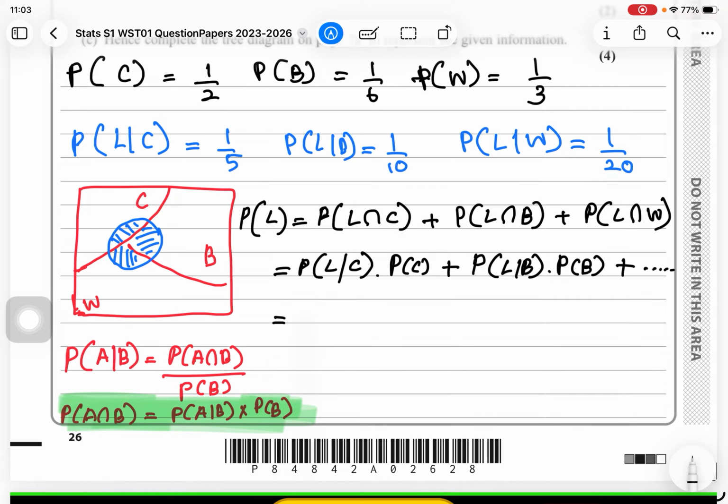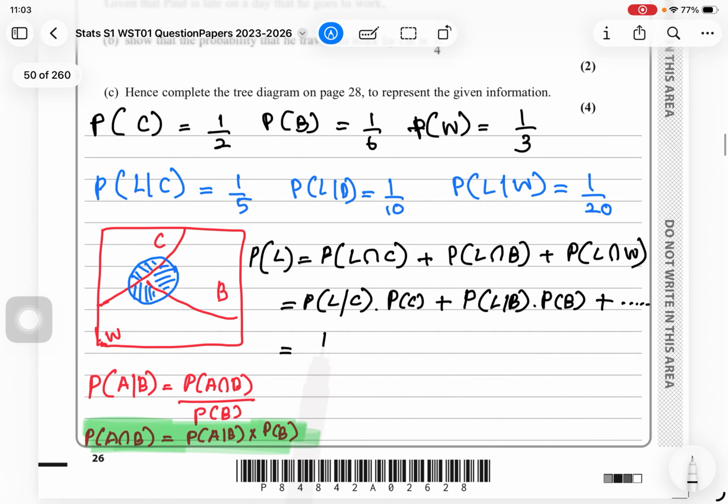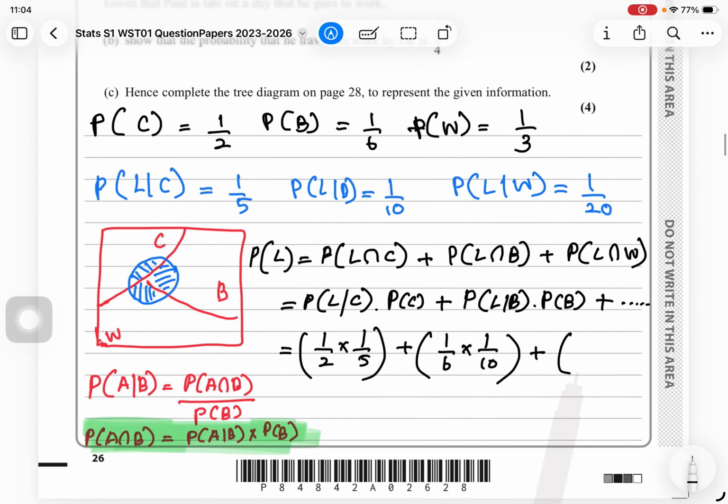So it's 1/2 times 1/5, plus 1/6 times 1/10, plus 1/3 times 1/20.